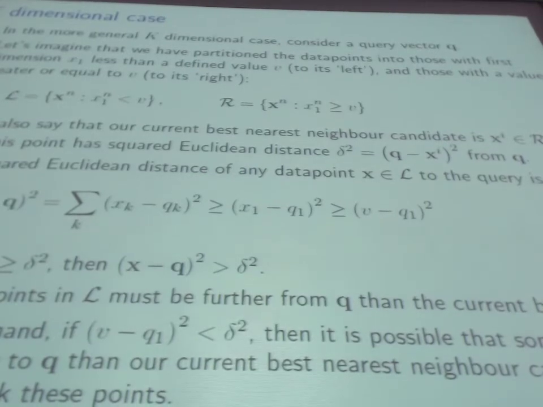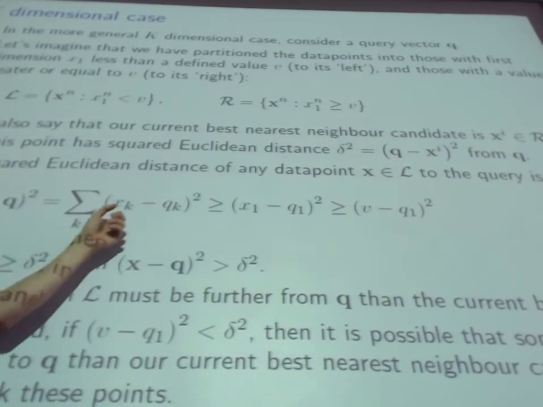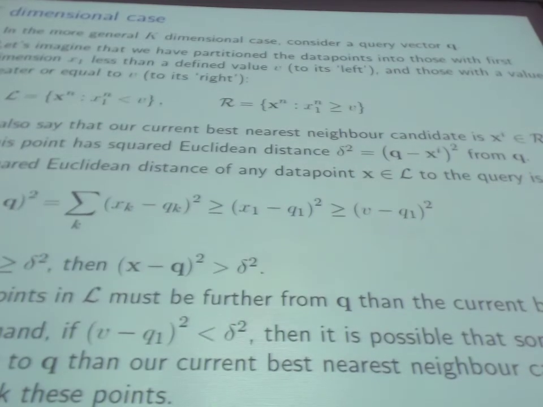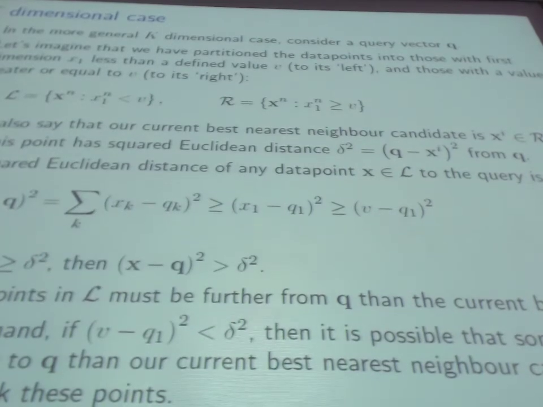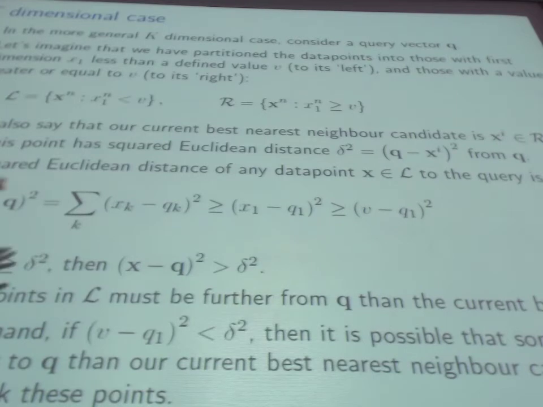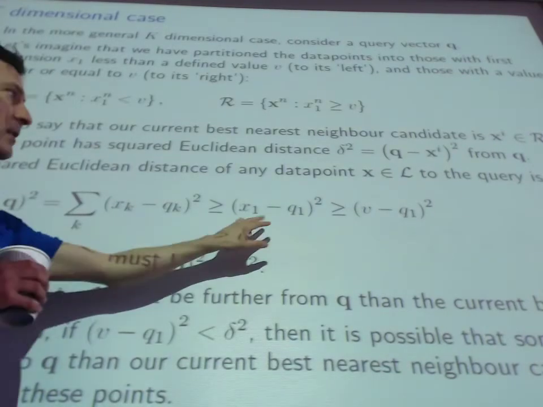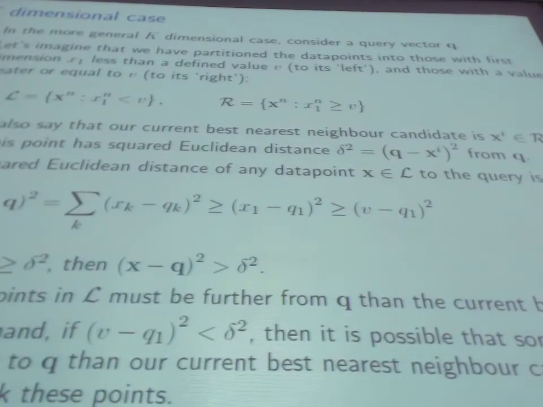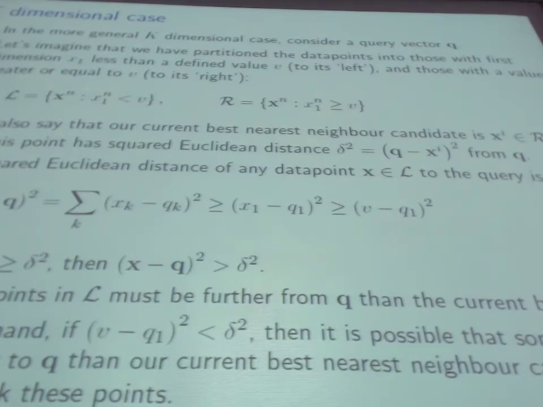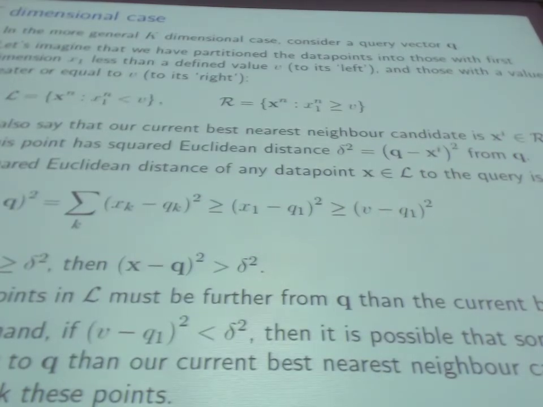So this is the Euclidean case. The squared Euclidean distance is given by the sum of the squared distances in each individual dimension. And of course, because this is positive, this is necessarily bigger than just taking one dimension. It seems a terribly wasteful expression, but there you go.